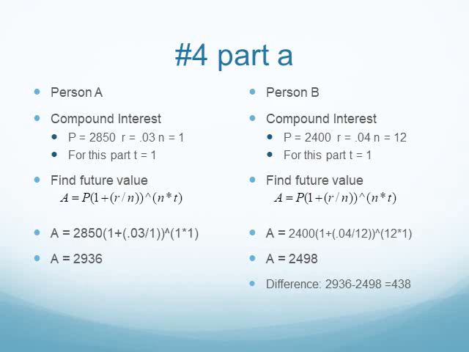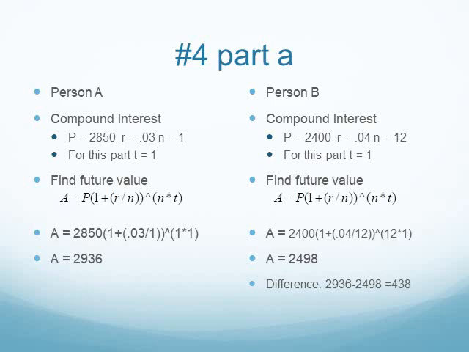It doesn't look all that pretty, but this is how it'll look going in your calculator, so I figured that'll work. All right, now, they're in different amounts, the 2 people. So one is 2,850, and the other one's 2,400. Okay, the rate for the first person is 3%, which I changed to a decimal. And remember, N stands for the number of compounds in a year.